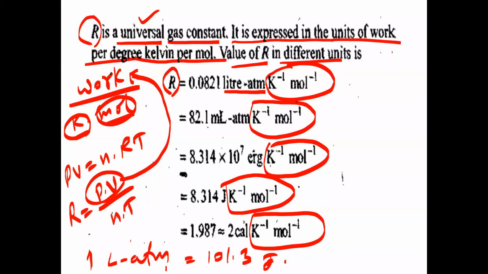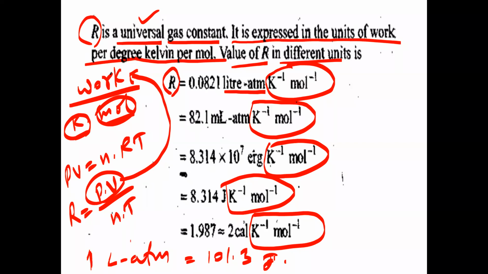We have to remember this conversion. So 1 liter atmosphere means 1 liter of gas exerting 1 atm pressure. In that condition, how many joules of work will be done by the gas? 101.3 joules of work is done.